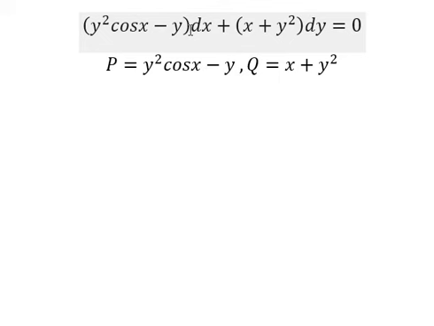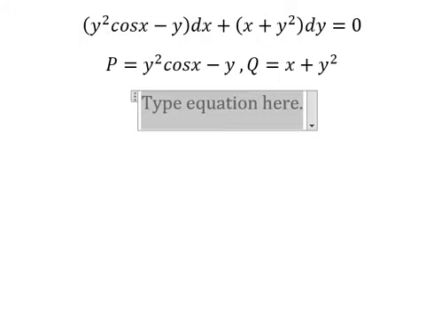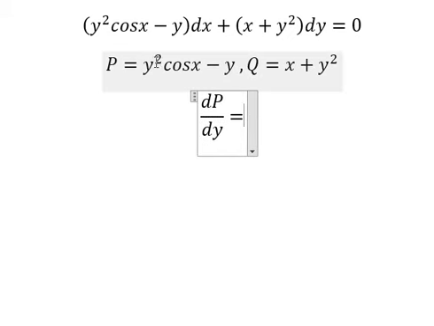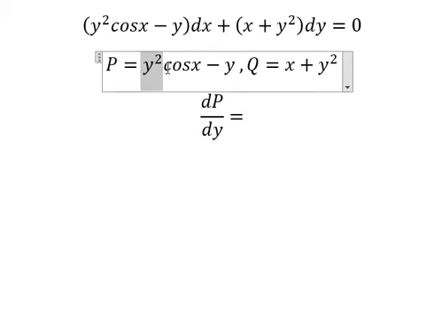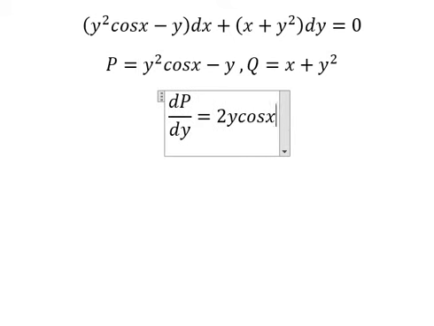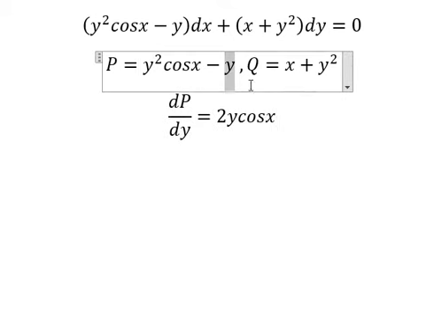So because we have the x, that means we need to find first the derivative of b with respect to y. So first the derivative of y squared, we have 2y. This one we have number 1.